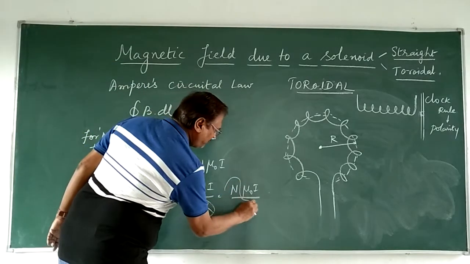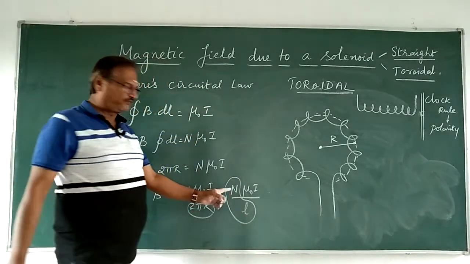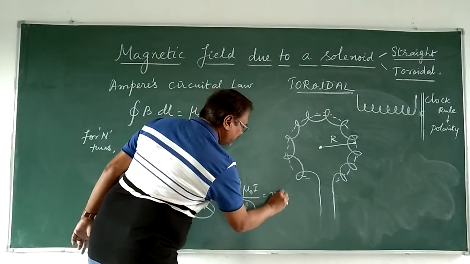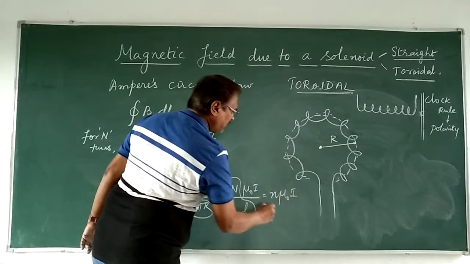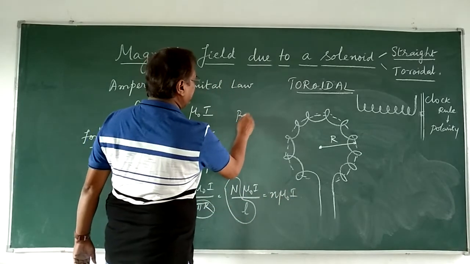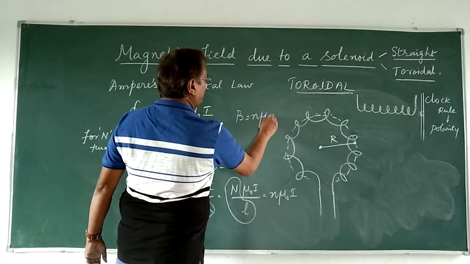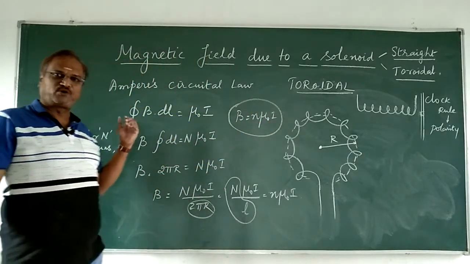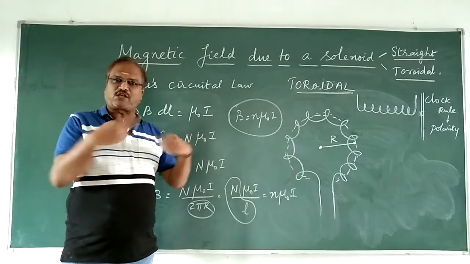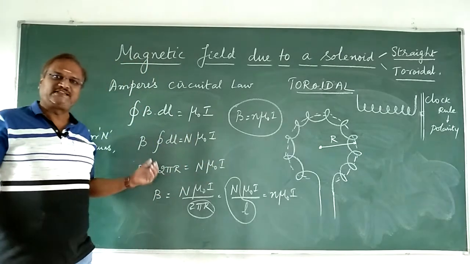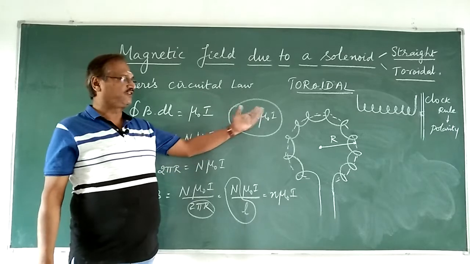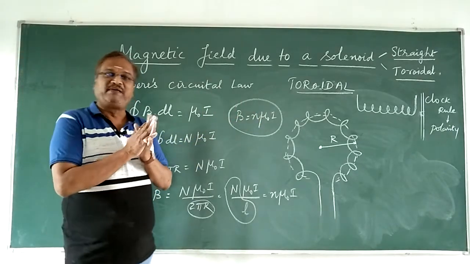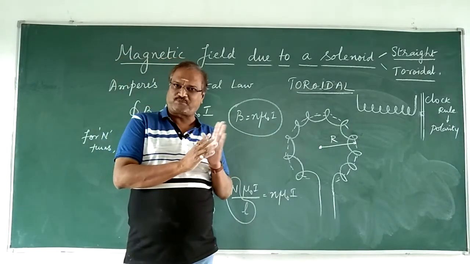And that is n upon L. Number of turns per unit length, that is called small n, n mu naught I. Ultimately, the formula is same, n mu naught into I. Whether it is a long solenoid, you just put only the length, and if it is a circular form, you can apply that of the circumference of the circle you have taken. I hope you understand. These are the basic ideas in the first part of it.